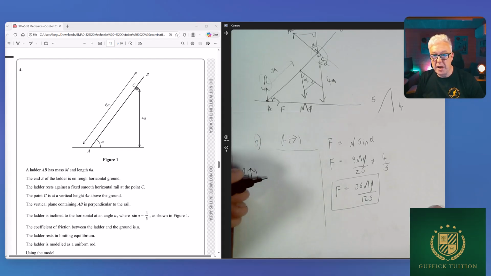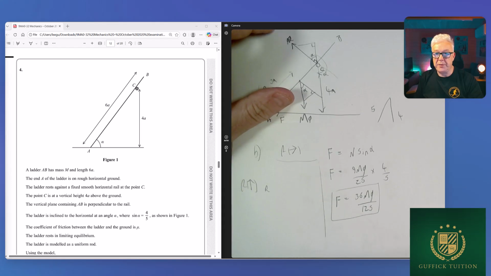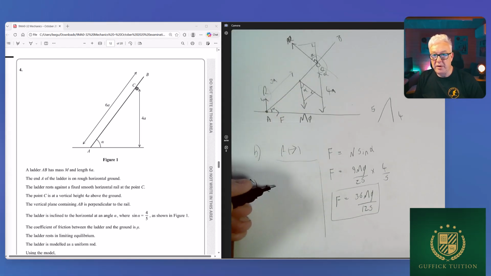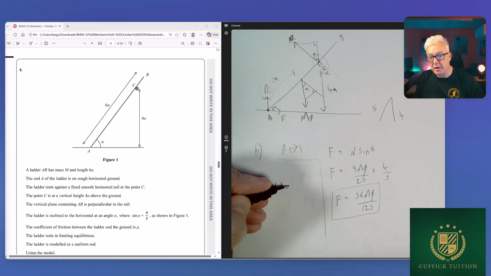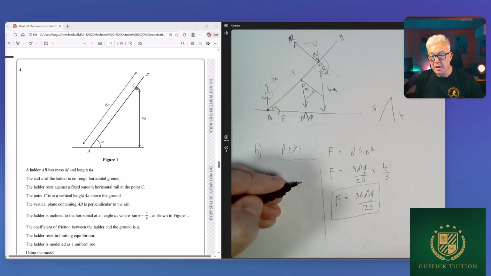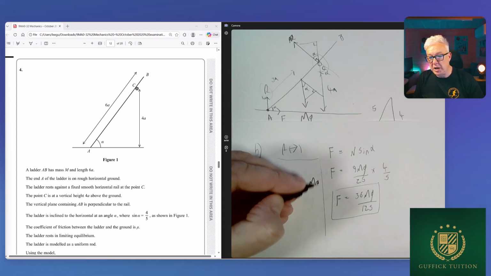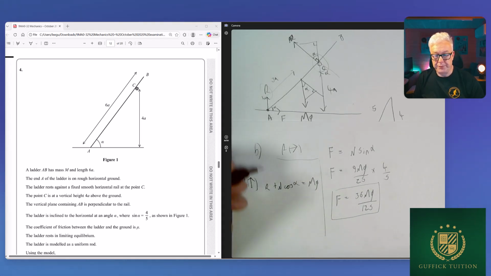Resolving vertically, we have our normal reaction R at the ground acting up, and we have R plus n cos alpha, because they're the two forces that are acting up, and that's just going to equal mg, the weight of the ladder going down.